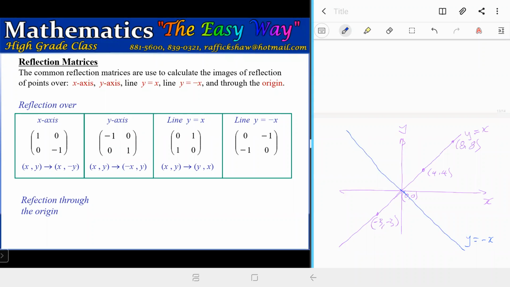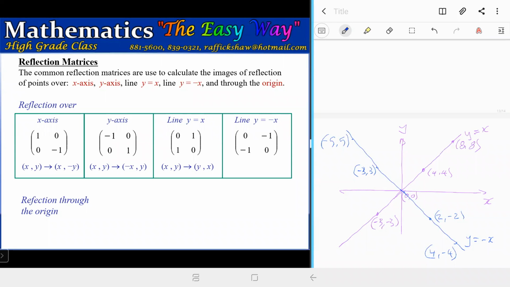So you pass through points like, for example, 2, -2, and 4, -4, or -3, 3. They have the same value, but when one is positive, the other is negative. Another one here, -5, 5, for example. That's the line y equals minus x.